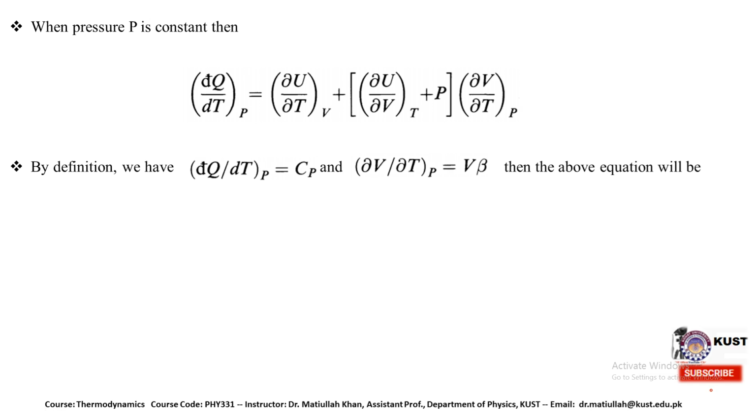By definition, dq divided by dt is equal to the specific heat at constant pressure, and del V divided by del T at constant pressure is equal to V beta. So we need to put this value in the above equation. So we get that Cp is equal to Cv plus the change in internal energy with respect to volume when the temperature is constant, plus P into V beta.